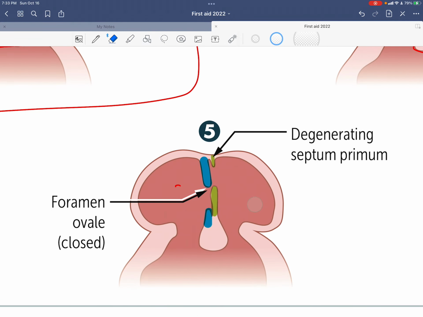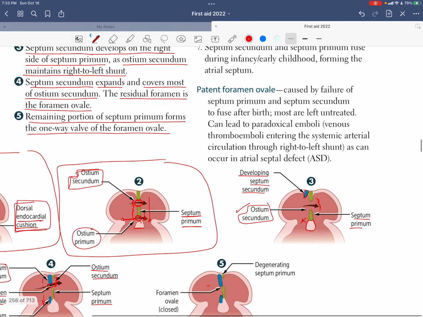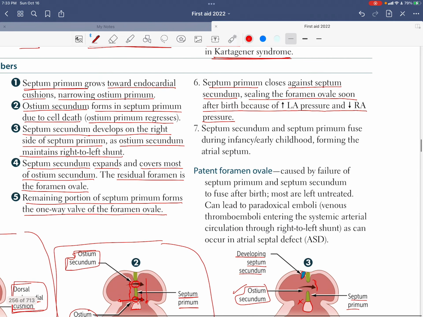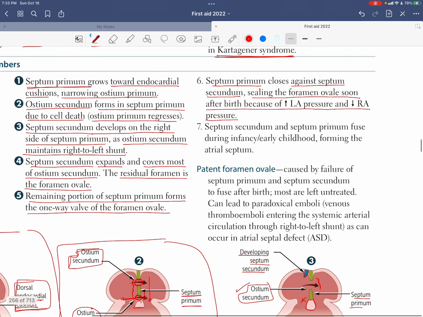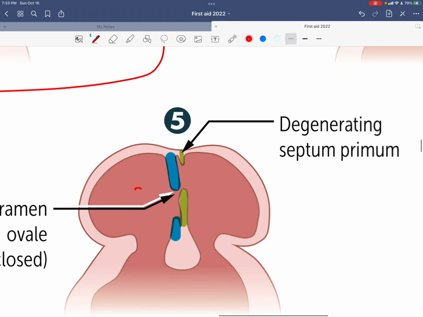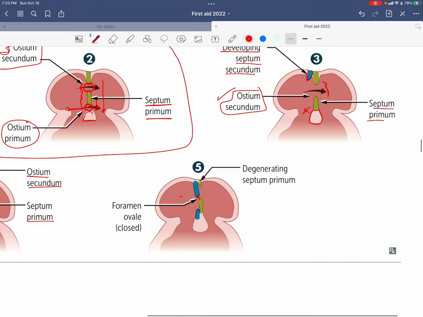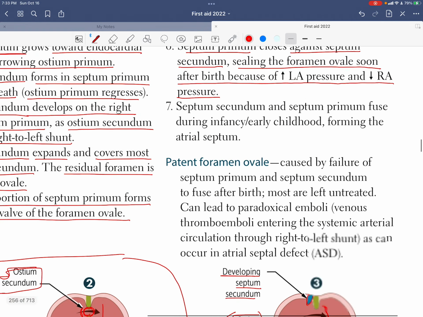So basically, the green thing, it's the septum primum again. Yes, so it's the green thing. This one closes against the blue thing. So the septum primum closes against the septum secundum.